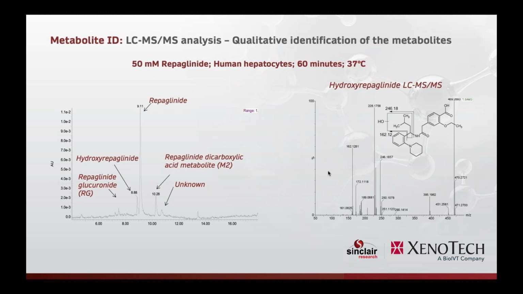Now, that being said, even though it's not quantitative, generally, you can make a comparison between species for a given metabolite. So metabolite 1 was higher in humans than it was in rat. However, you just can't make a comparison between metabolite 1 and metabolite 2 or further metabolites within a given species.